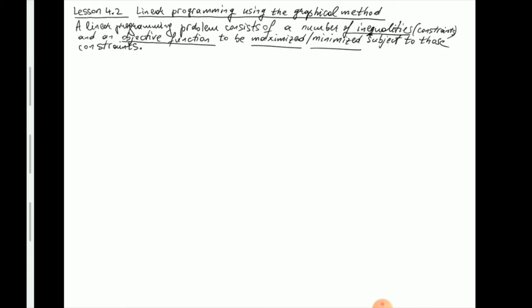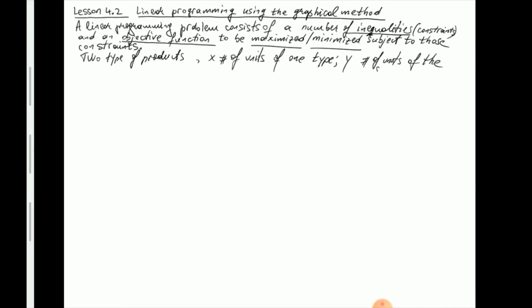So suppose, for instance, in your application, you want to make two types of product. And then X is the number of units of one type, and then Y is the number of units of the second type. In all of these problems in which we use the graphical method, we deal only with two variables, because for more than two, the graphical method is not practical.